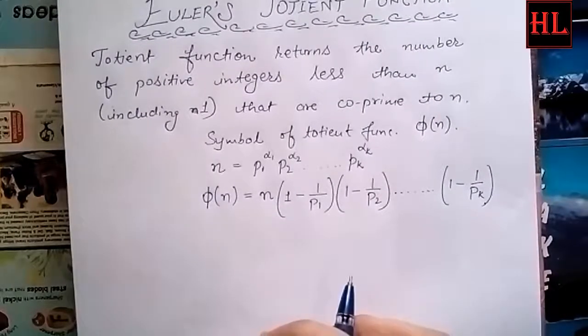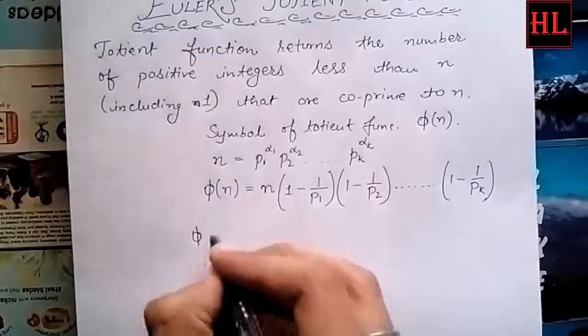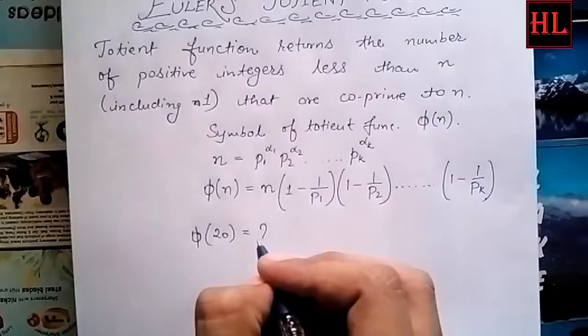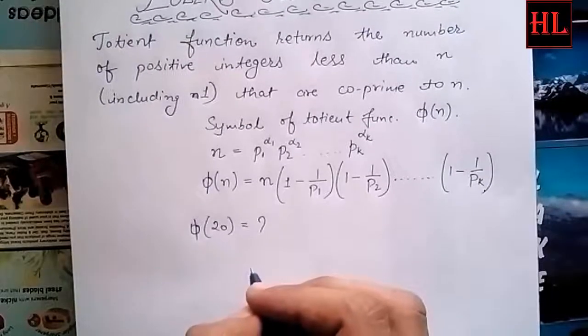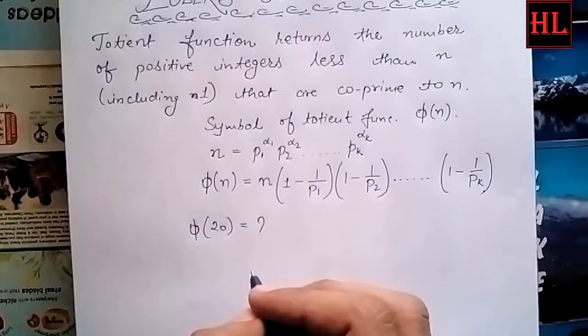So now we'll take an example. Let's say we need to find the totient of number 20. That means we need to find the number of positive integers less than 20 that are coprime to 20.